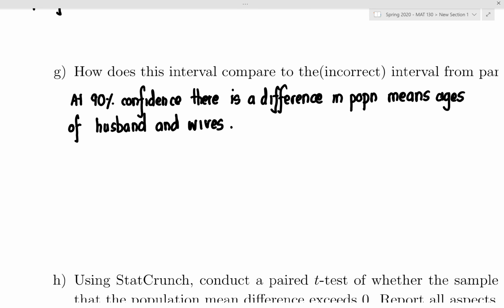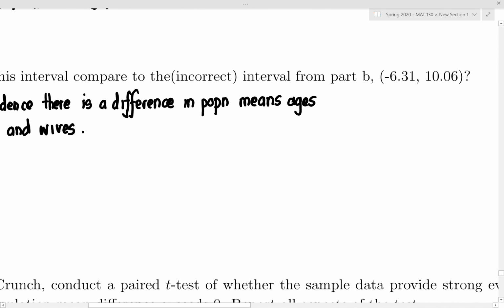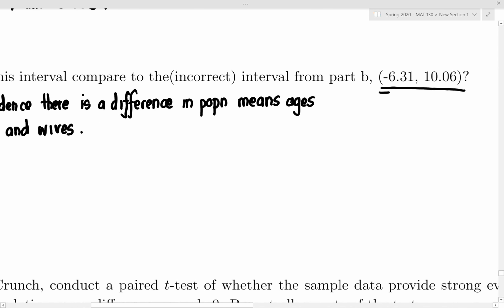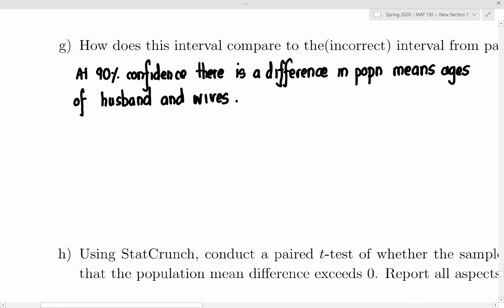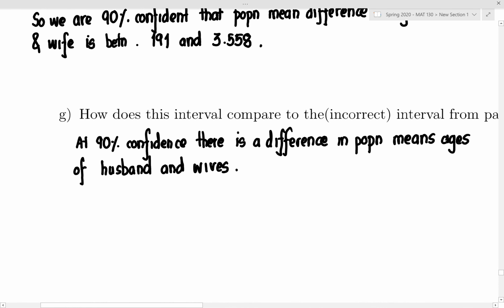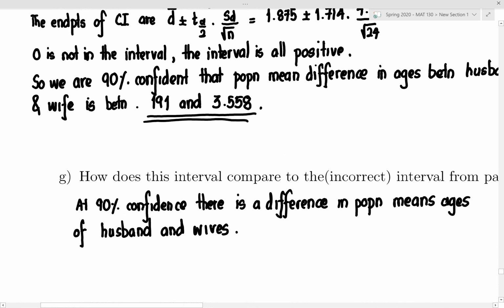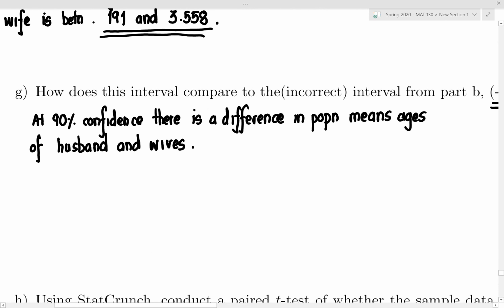All right. Remember, how does this compare to our incorrect interval? When we looked at part B, this contained negative, 0, and positive numbers. While the correct one, which is between 0.19 and 3.558, contains only positive ones.